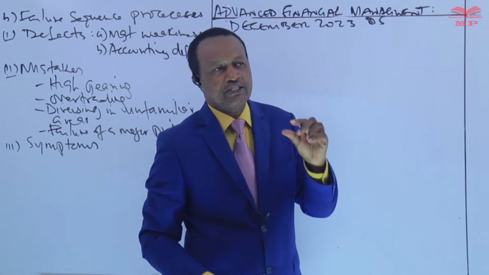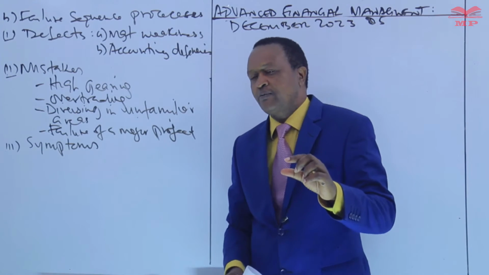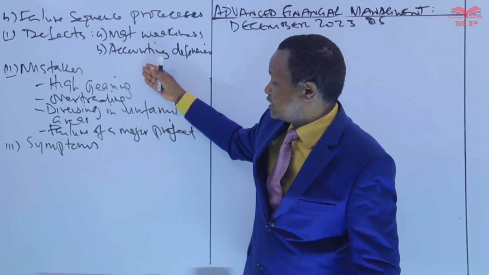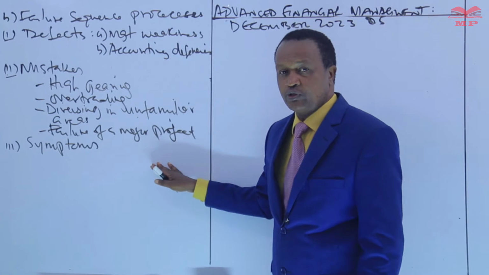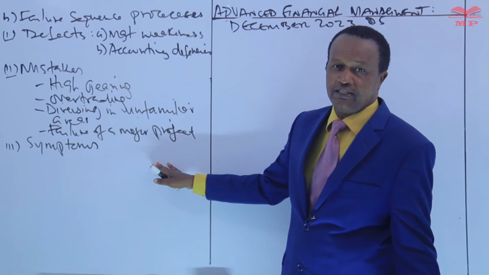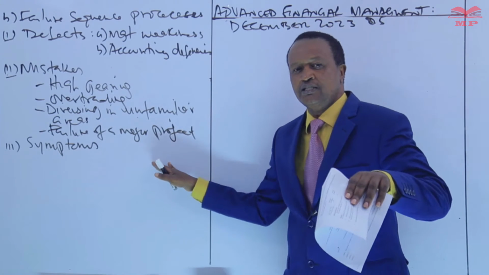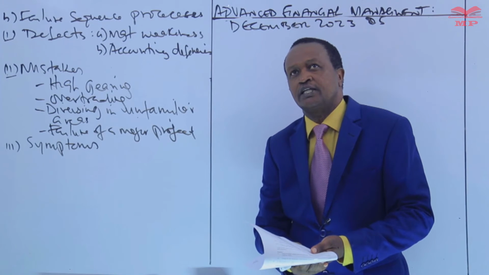These are indicators, all right? As a result of these mistakes, there are visible symptoms or signs that can be seen. You understand?